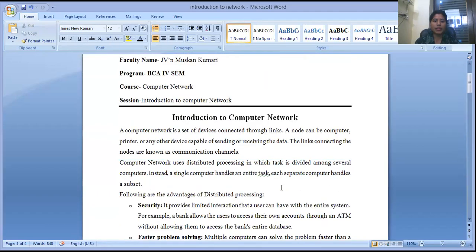So, what is the basic introduction to computer networking? Firstly, I want to decompose these words into two words: first is computer and another is network. Computer is well known to all of you.